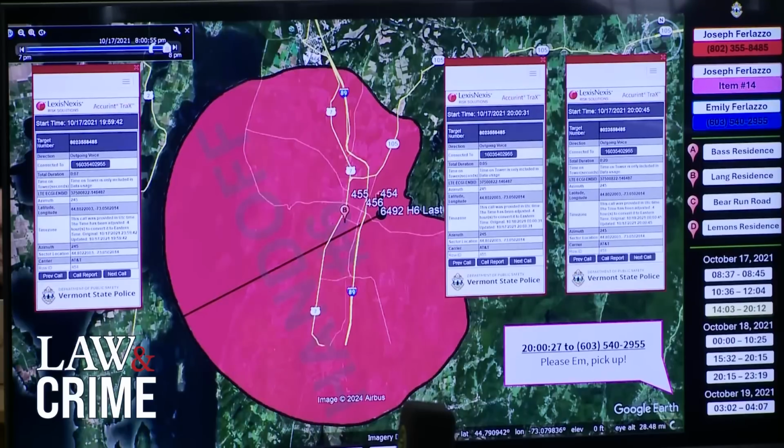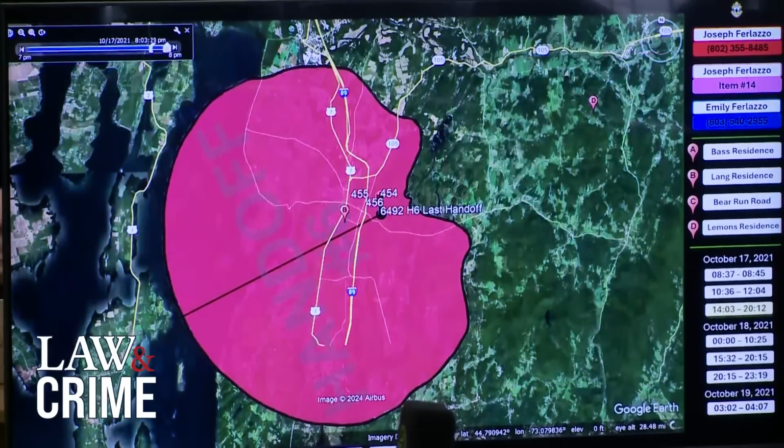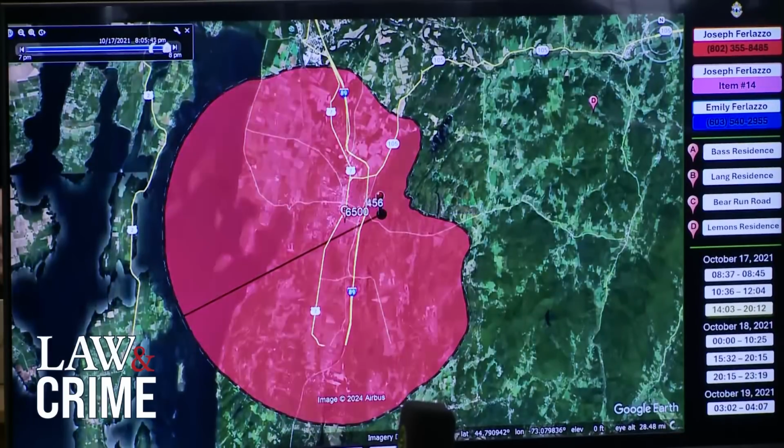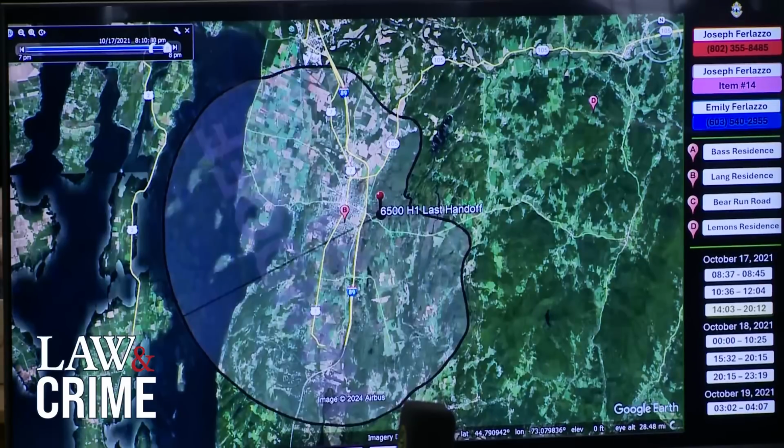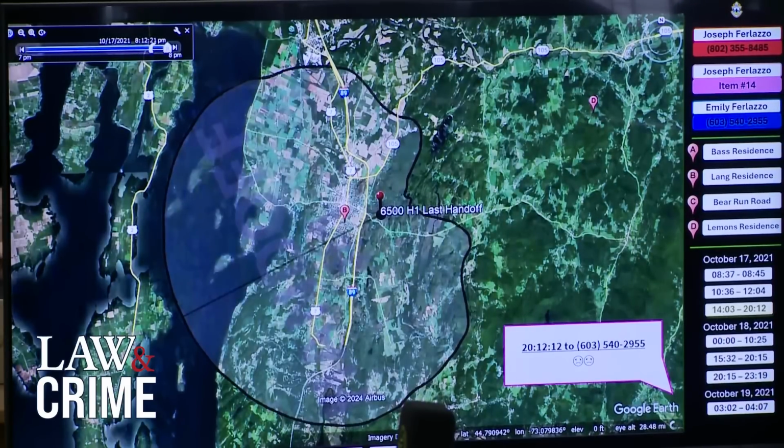That cell site usage is the same as what I had seen previously. So it's just using the same cell sites over and over again. And then at 8:12 was an outgoing message from item 14 to Emily's number.